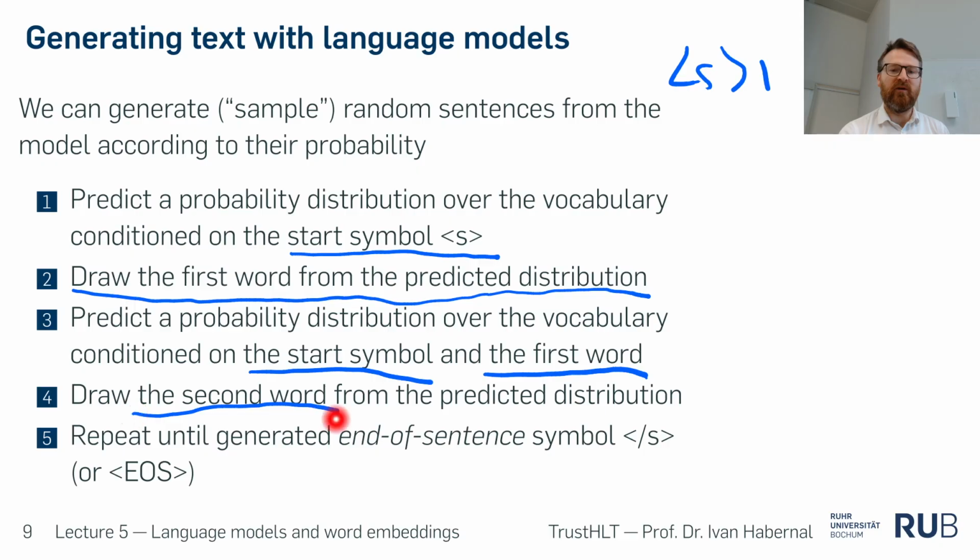We draw the second word, which is going to be, I like, whatever. And so on and so on. We continue this in a loop until we reach some special symbol, which could be end of sentence or end of sequence, or EOS. Once we get end of sequence, we stop the procedure.